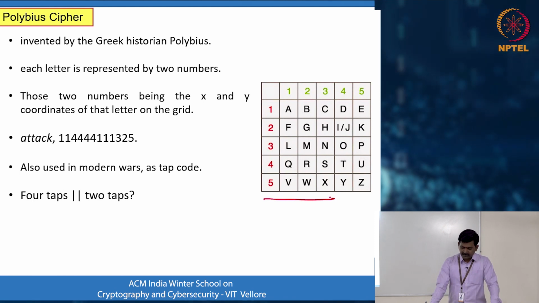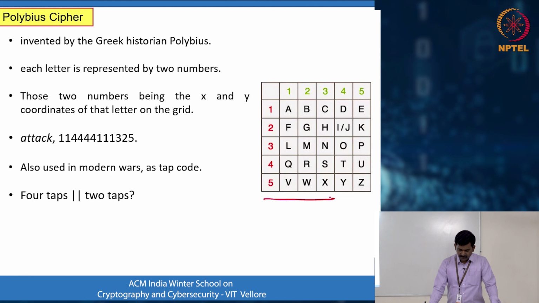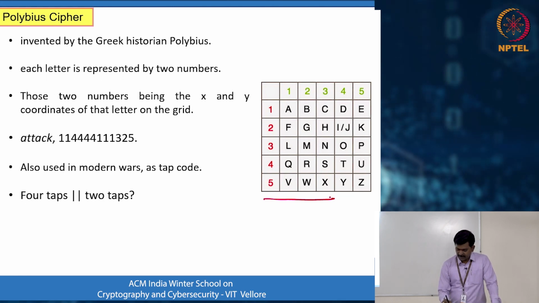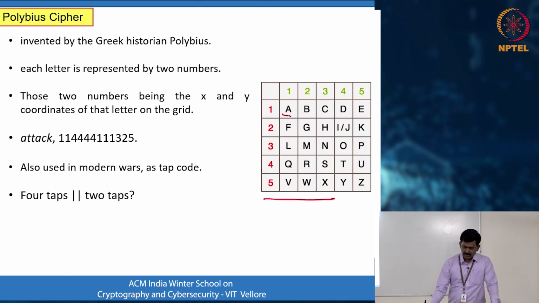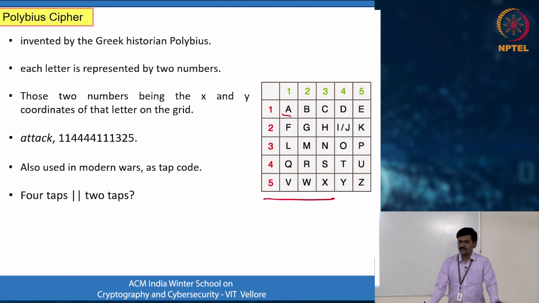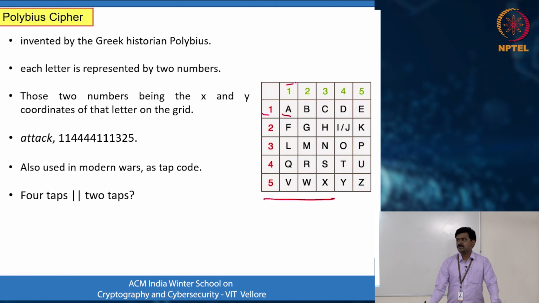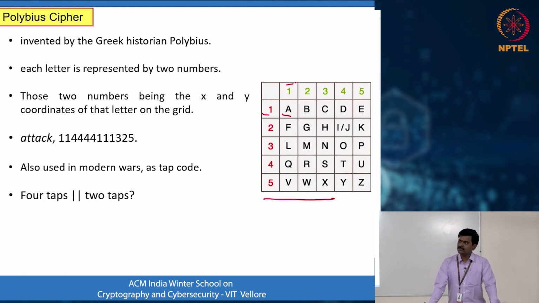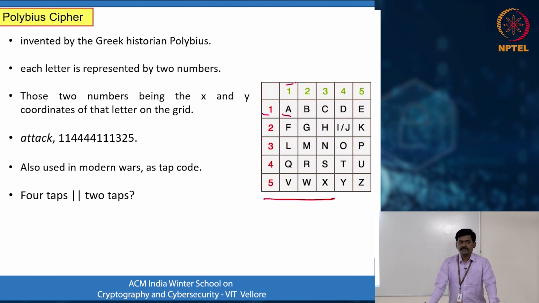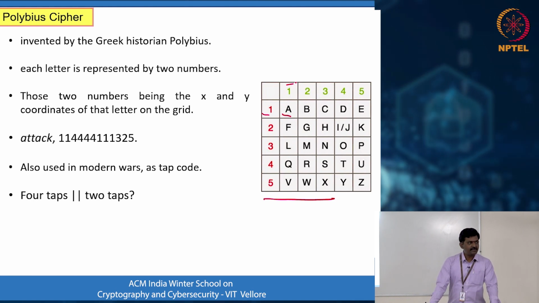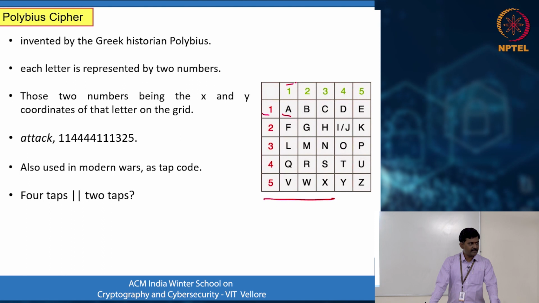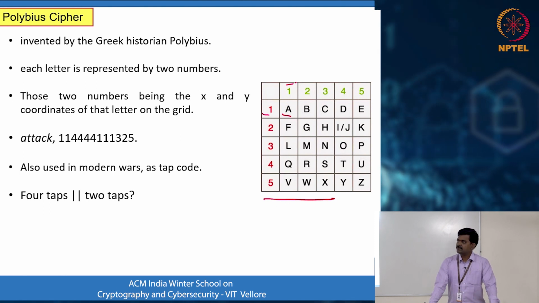How do you get the number? From the grid, you pick the alphabet. Say, take an example, A is represented by the corresponding numbers in the row as well as in the column heading. So A is 1, 1. That is how you denote a cipher alphabet for the plain text alphabet, which is A.